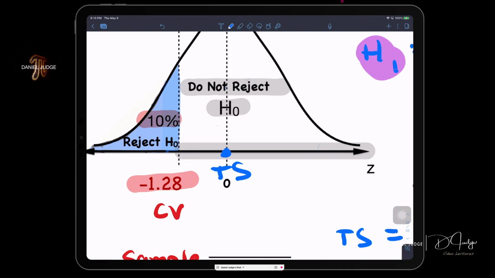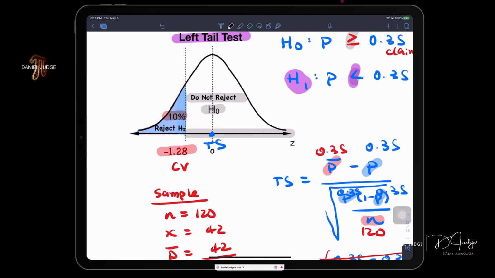So because it's to the left of negative 1.28, the critical value, test statistic equals 0, we say do not reject the null.